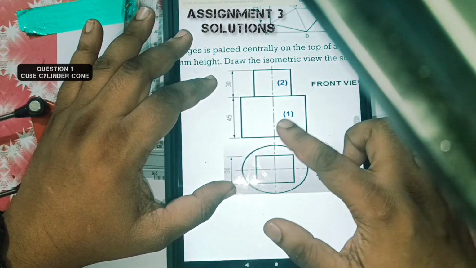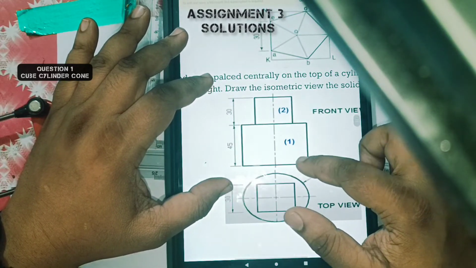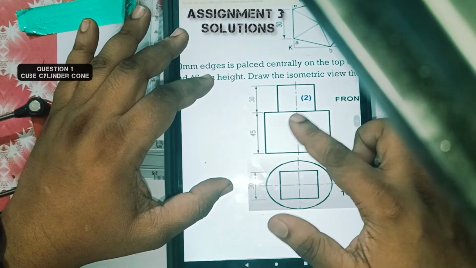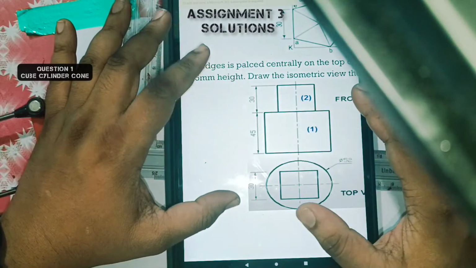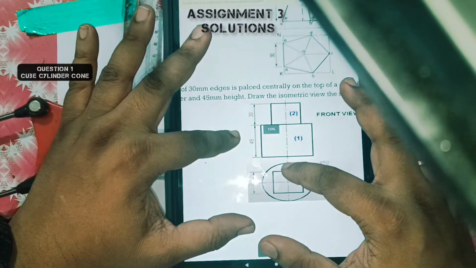This is not an ordinary pentagon or hexagon. This could be anything. You need to make that isometric by using an orthographic projection.